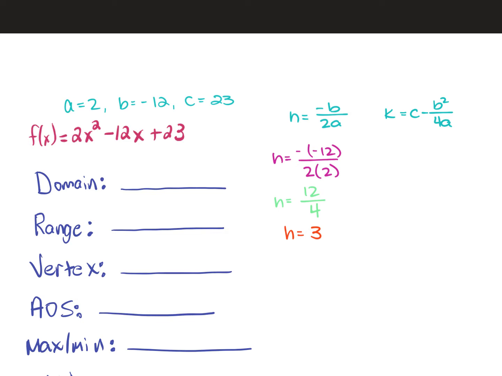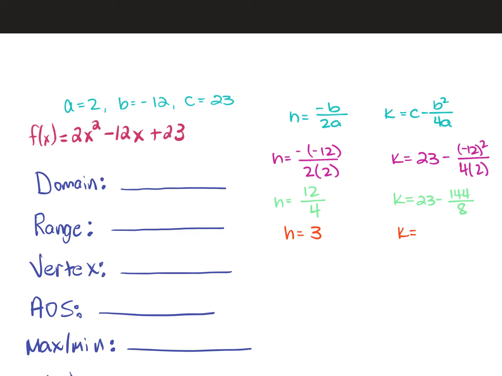To find k, you have c minus b squared over 4 times a. What is c? 23 minus b squared, so that's going to be negative 12 squared over 4 times a, which is 2. In that fraction, negative 12 squared is 144 over 4 times 2, which is 8. Does that 144 over 8 simplify? They're both even numbers, right?